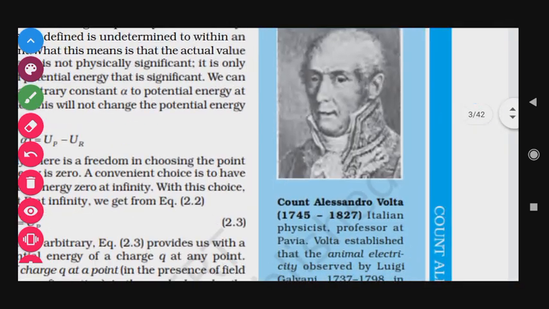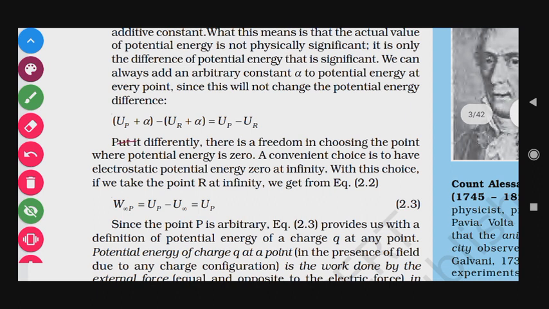So you have done a similar thing: U_P plus alpha minus U_R plus alpha is equal to U_P minus U_R. The potential difference will be the same. Put differently, there is a freedom in choosing the point where potential energy is 0. It is not necessary that we choose a certain point.